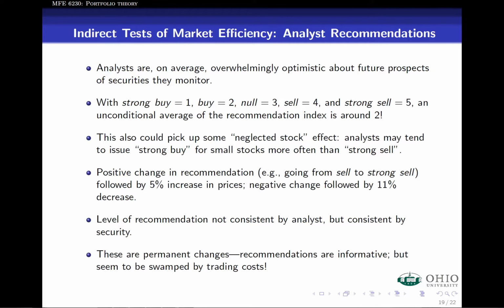However, the level of recommendation is not consistent by analyst, right? So basically, you cannot find a certain analyst who is always able to, or on average is able to, make correct recommendations. So if you add analyst fixed effects, basically, you will not find anything for a particular analyst in terms of correct recommendations.